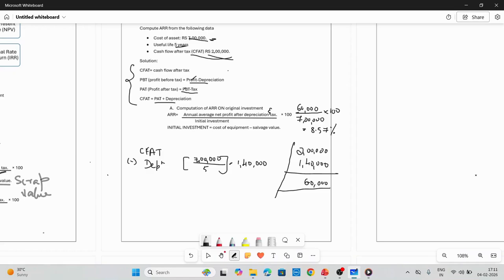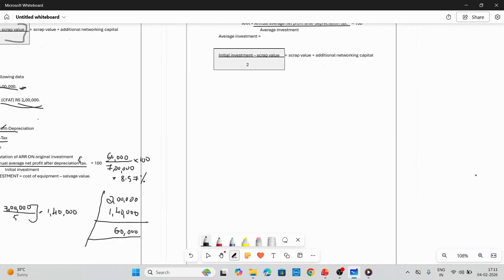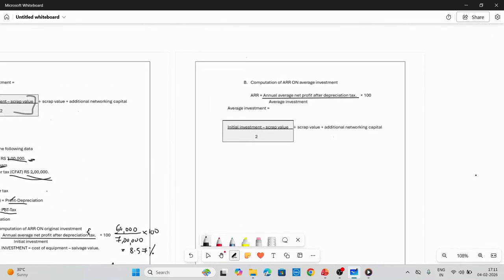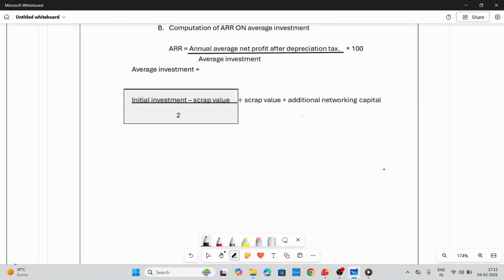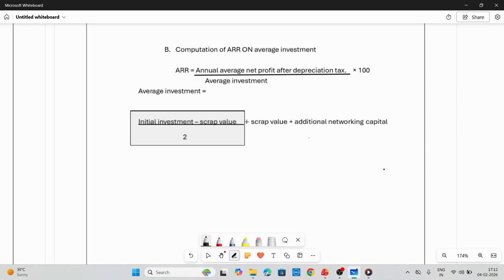Now let's calculate ARR on average investment. The formula for computing ARR on average investment is ARR equal to annual average profit after depreciation divided by average investment. To calculate average investment: initial investment minus scrap value divided by 2, plus scrap value, plus additional net working capital.